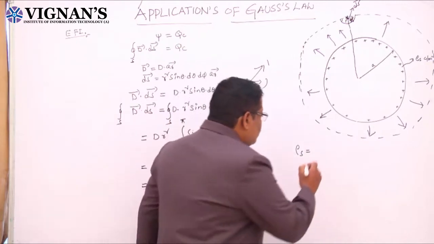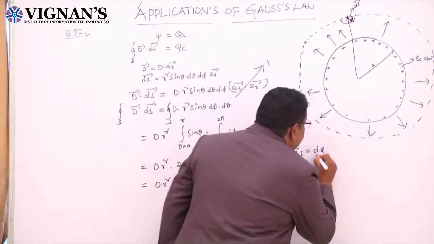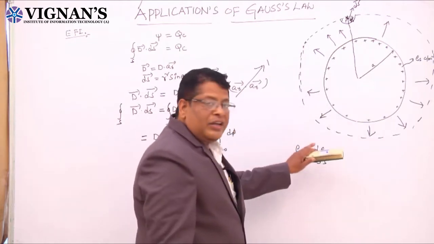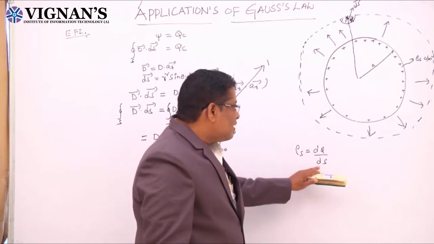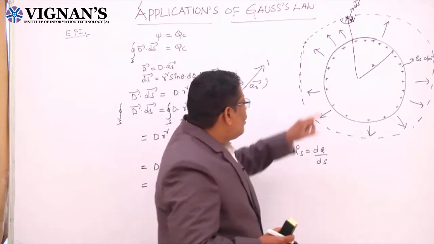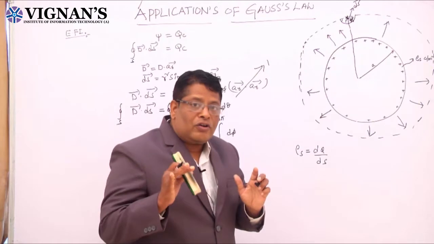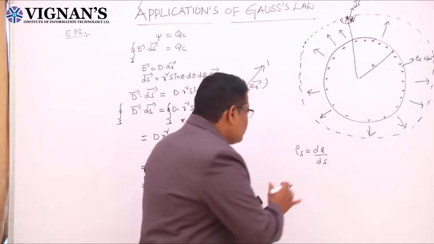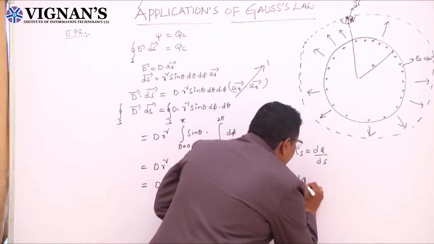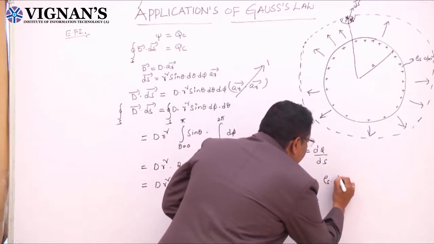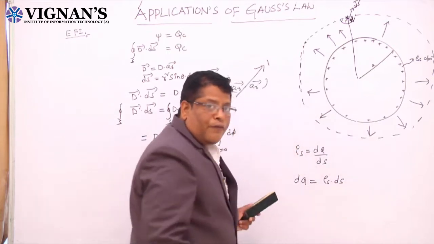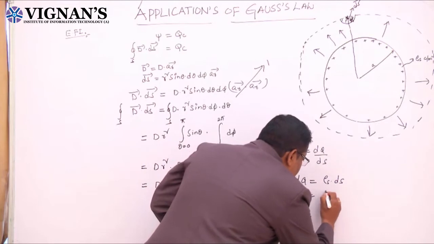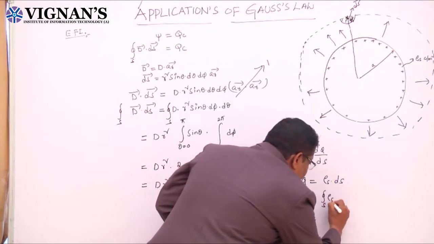This is equal to dQ by dS, where dQ is a differential charge and dS is a differential surface area on this sphere, because we want to find out how much charge is there on this sphere. Now dQ equals rho s into dS. To find the total charge, take the integration on both sides. Q equals the surface integral of rho s dS.